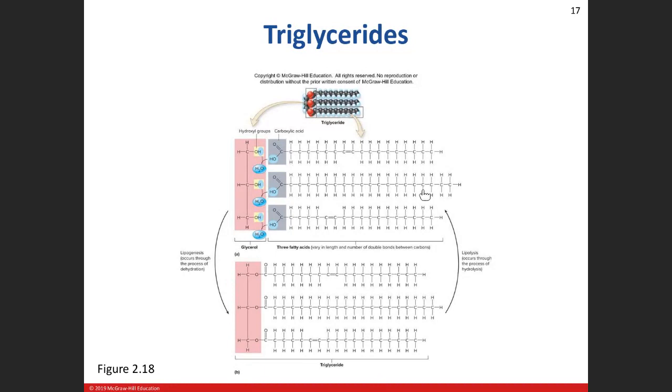But here's what I want you to think of. Each of these bonds here, think of that as energy. So when your body goes through the process of breaking these bonds, it's going to get energy from the bonds. So the longer the chain is, the more energy you can get from them.